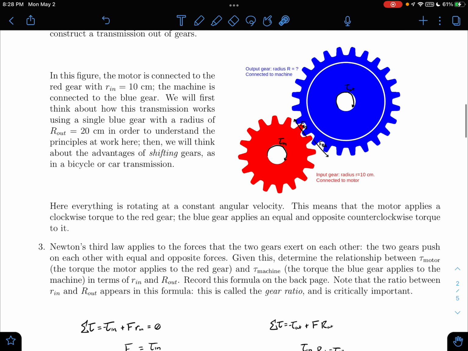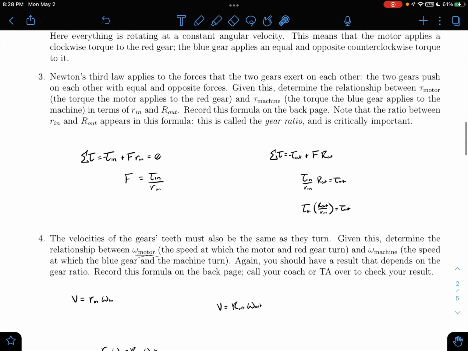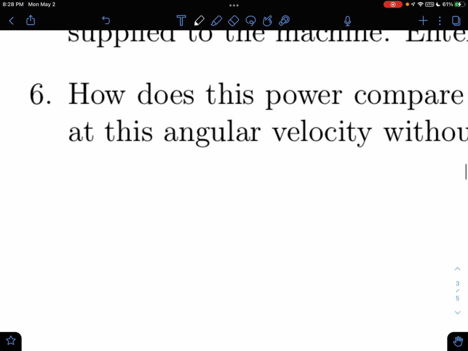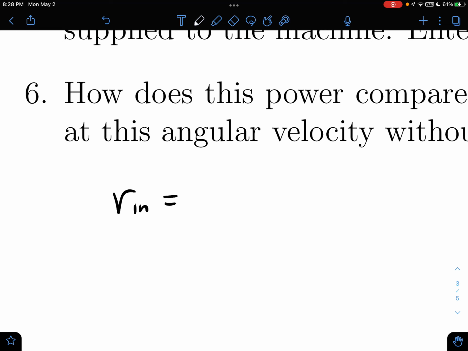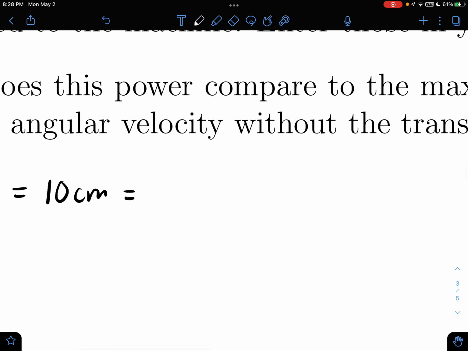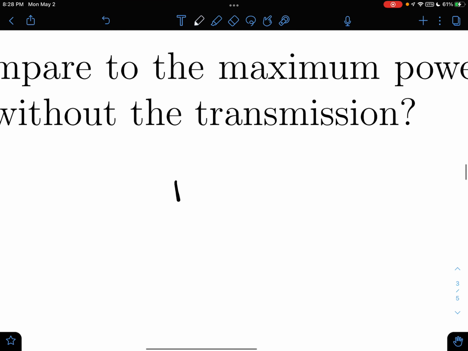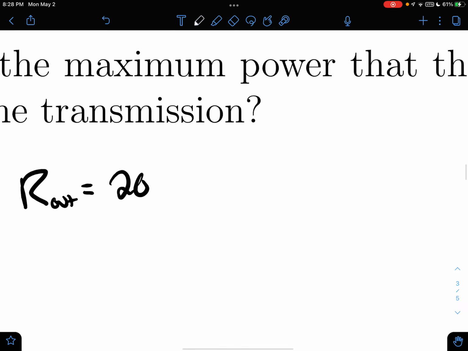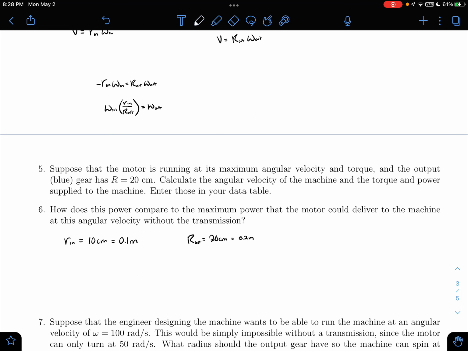R in equals 10 centimeters, and I'm going to put that directly into meters because we want to keep everything in base units, consistent. And our R out is 20 centimeters, or 0.2 meters. So now let's figure out the angular velocity of the machine, and the torque, and the power that's supplied to the machine.